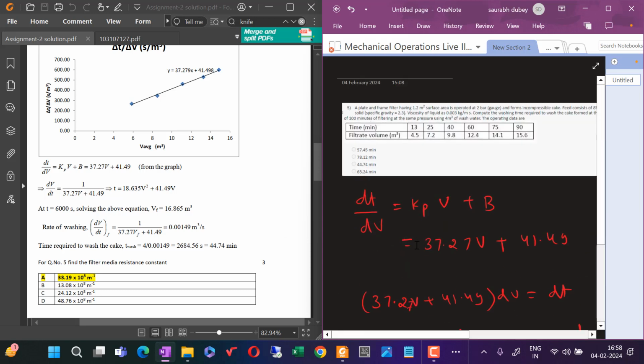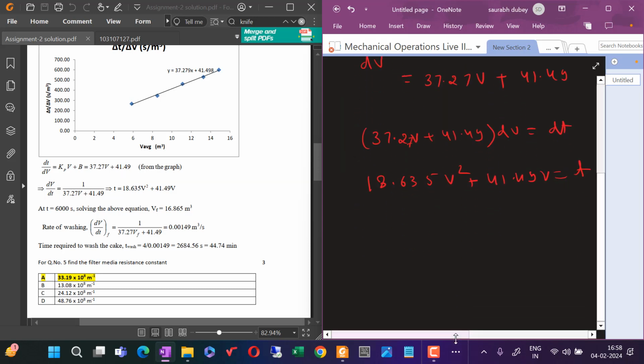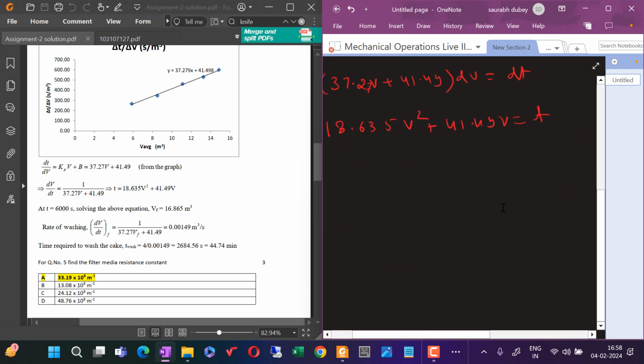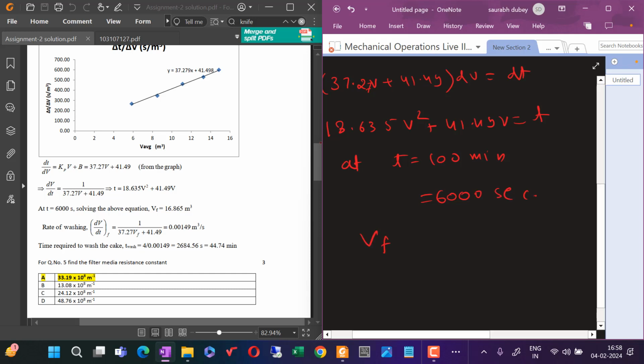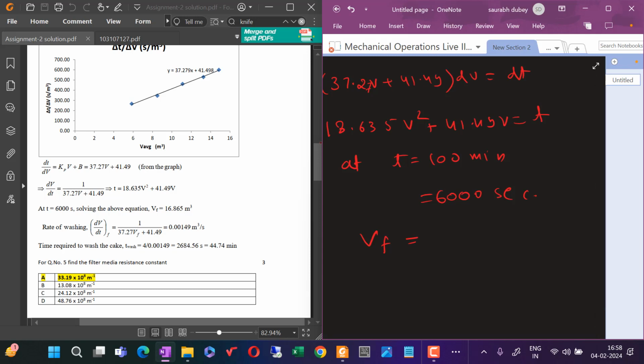Okay, so using the operating data, at t equals 100 minutes, means 6000 seconds. You see this VF is what? You just calculate using this quadratic equation. You will be getting 16.865 meter cube.